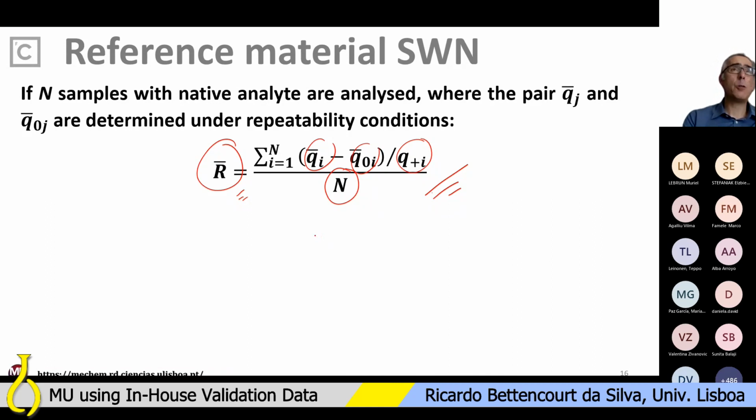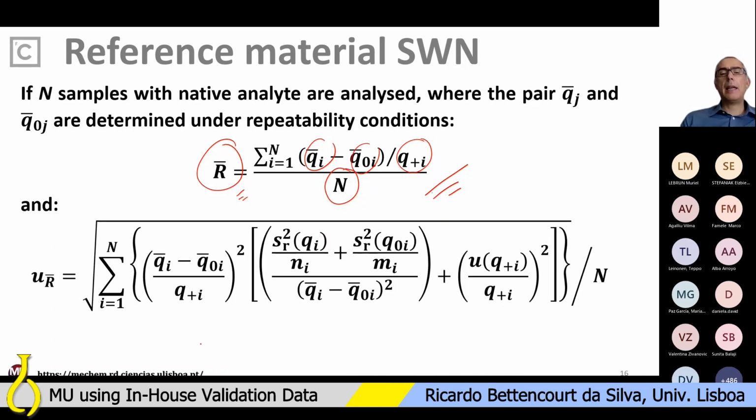Typically we do this in different days. So, since typically the pair before and after spiking are analyzed in the same day, the precision conditions in these recovery determinations are repeatability, okay?